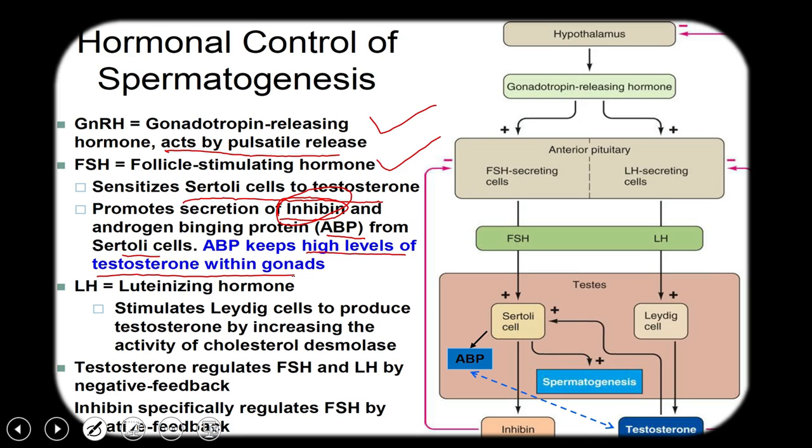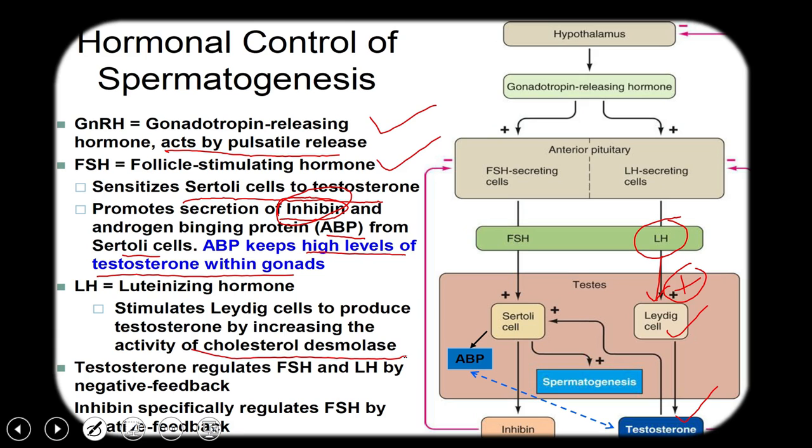LH, luteinizing hormone, stimulates the Leydig cells. Positive means stimulate, negative means decrease, inhibition. So it has a positive effect on the Leydig cells, which increases the secretion of testosterone by the activity of the cholesterol desmolase enzyme.